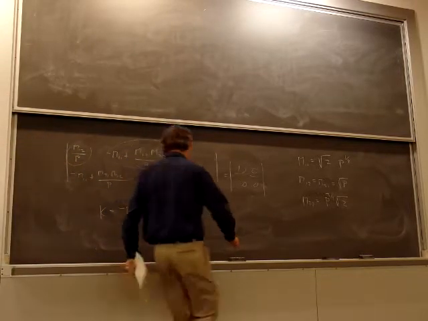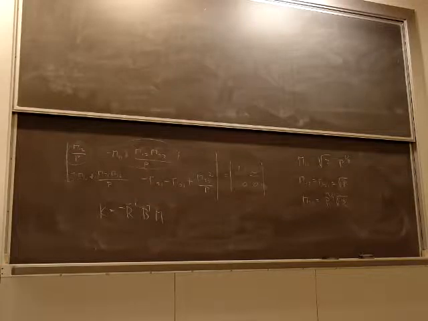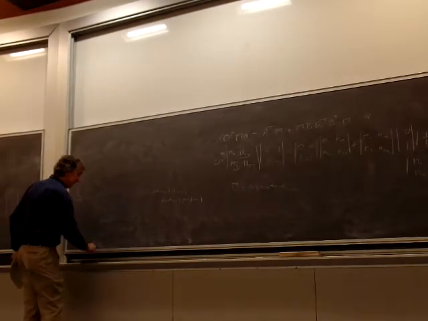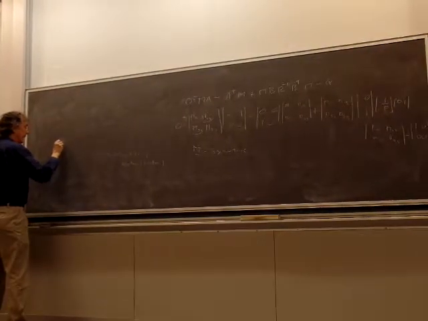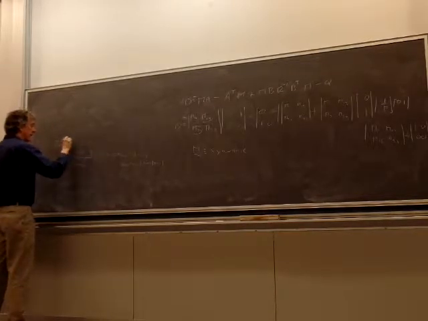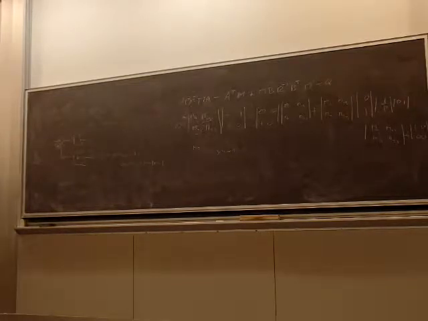You'll see people do it different ways. What I'm assuming is a minus sign there. If I want a plus sign there, I'll put a minus sign over there. Make sense for those?